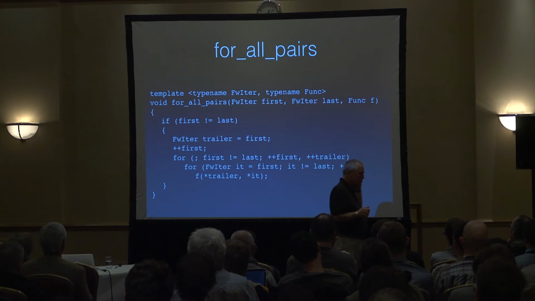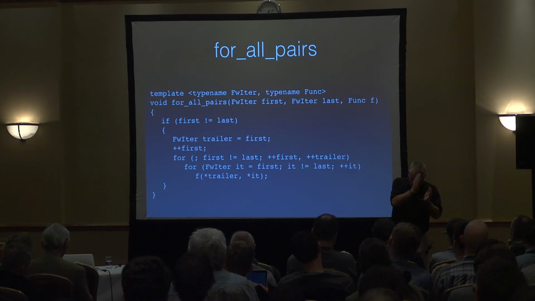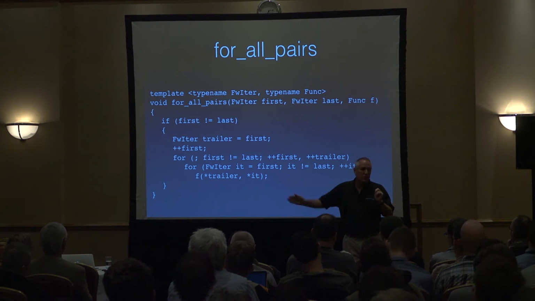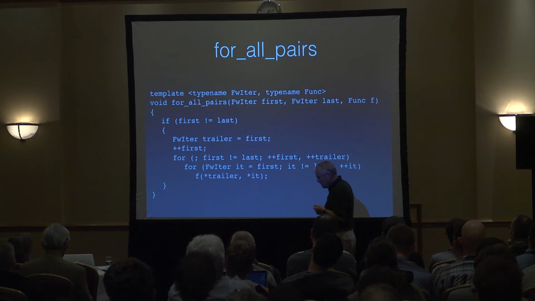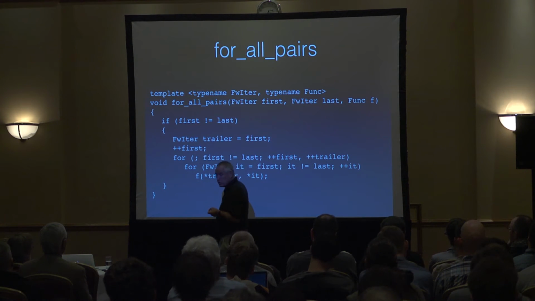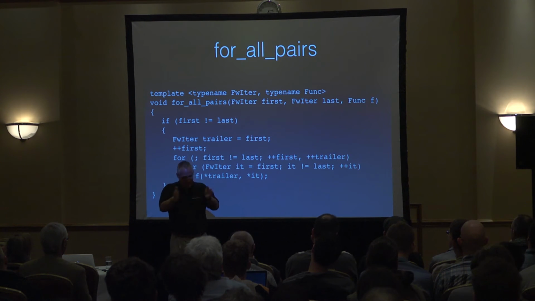Some algorithms require only forward iterators, like this. Find, for example, right? Real simple. Start at the beginning, look for something, go through till you find something, or you reach the end. Done. You only need forward iterators. Some algorithms, like sort, require random access because it's shuffling things all over the place, and it's looking for pivots in the middle and so on.